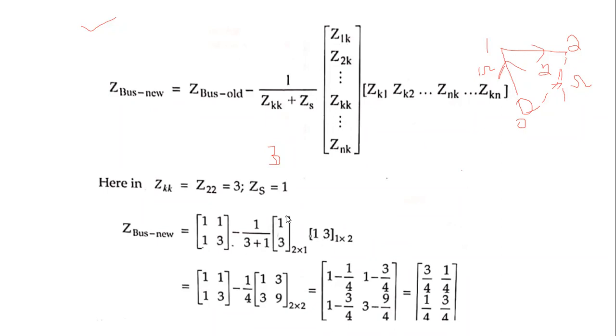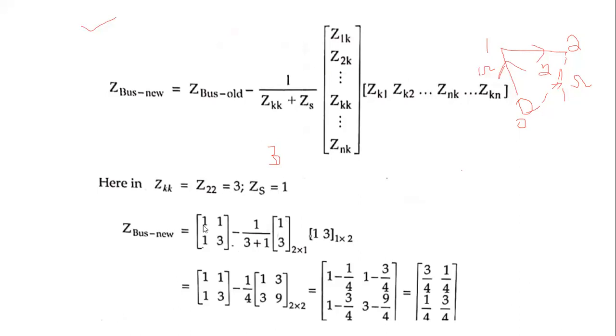Z1K, and Z1K means 1. Next, ZKK means 3, so the column is 1, 3. Therefore, ZK1 is also 1.